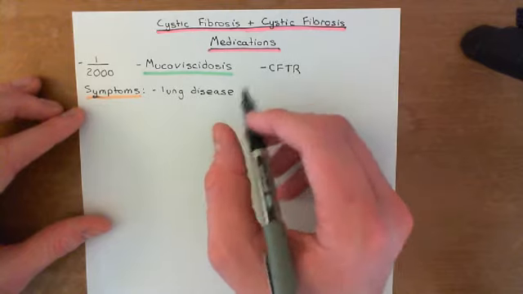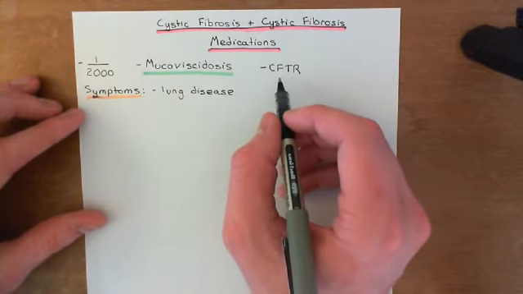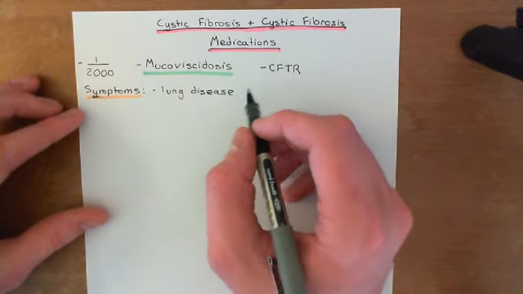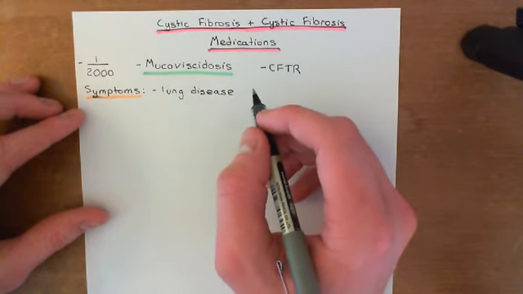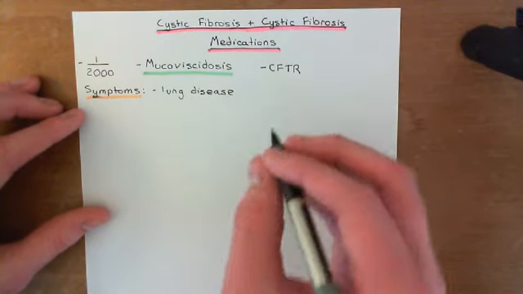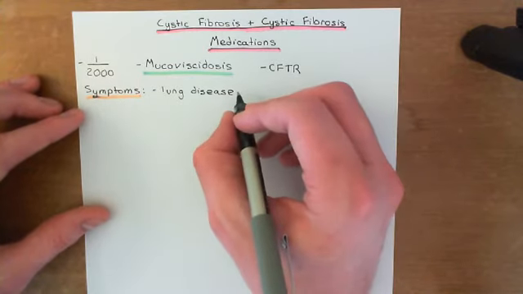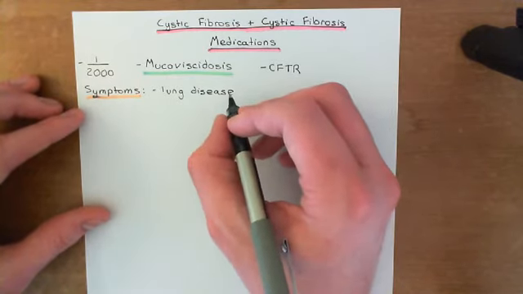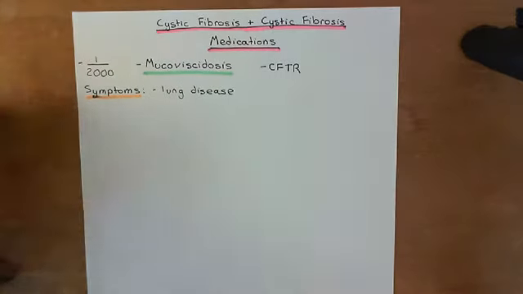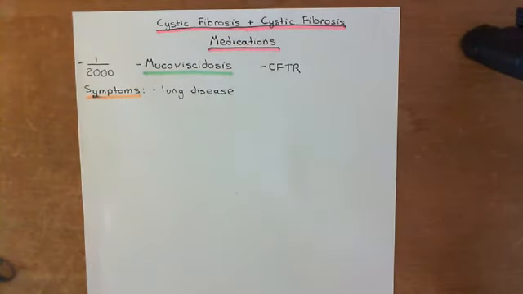Because of the loss of function of the cystic fibrosis transmembrane conductance regulator, you end up getting a very thick, sticky mucus produced on the surface of the lungs. Usually you have mucus on the linings of the lung, which traps bacteria and is then escalated up and out.